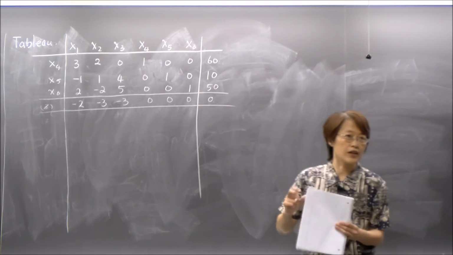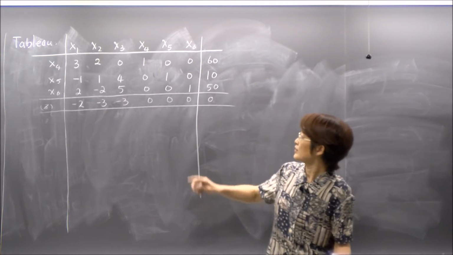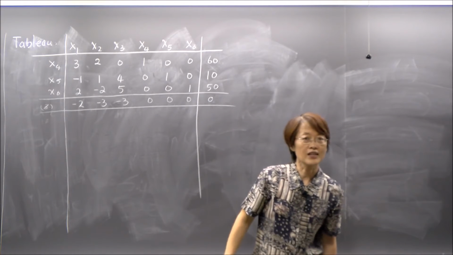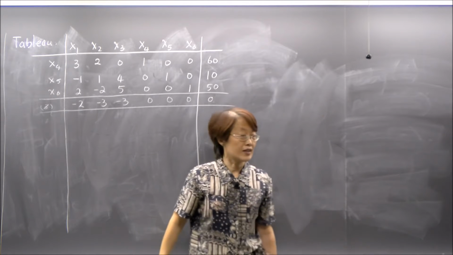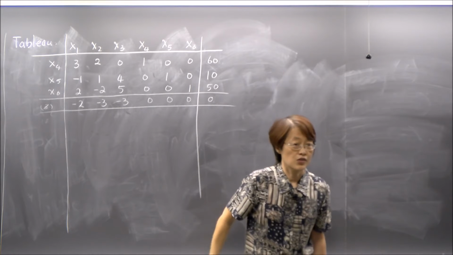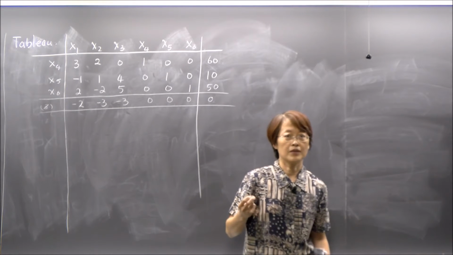How can we start our simplex algorithm? So where would I check to see where I should start? I check the coefficients here, right? To find anything that's negative. And I see all three of them are negative. So the algorithm says pick the most negative one. Is that right?